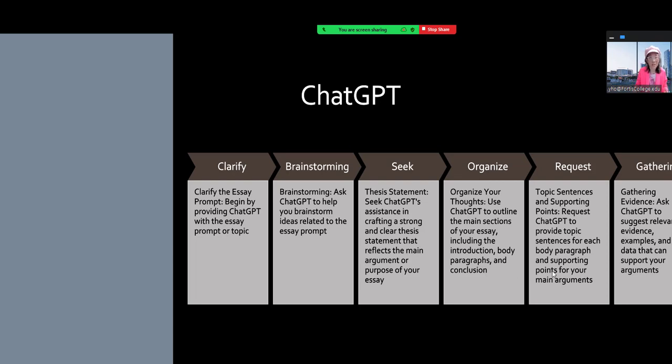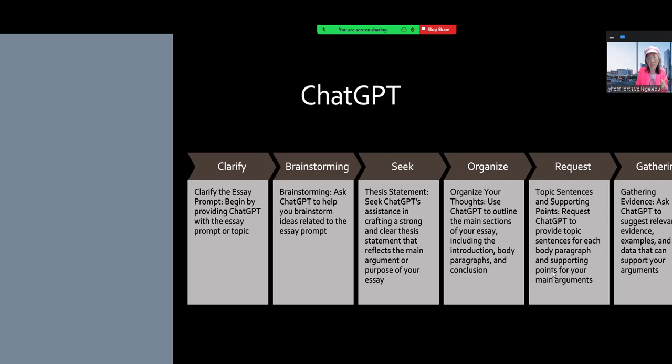So a lot of this ChatGPT also is found in Grammarly and WordTune, which is another AI, and Quillbot. They are all AI models or programs that can help you with your sentence structure. They can help you brainstorm ideas, and if you're stuck with ideas, they can help generate ideas for your topic.